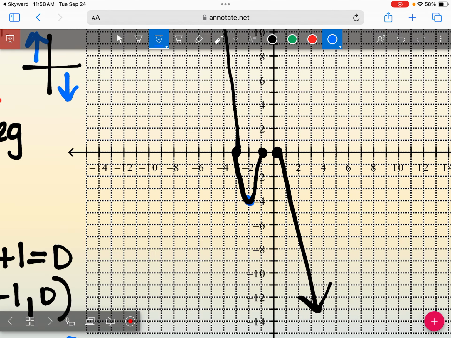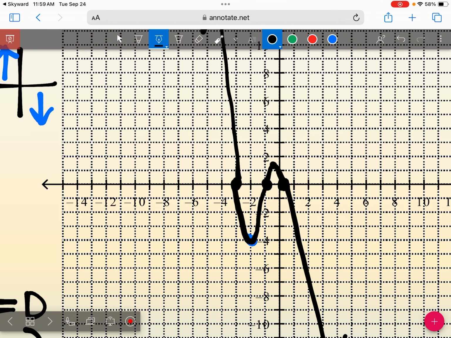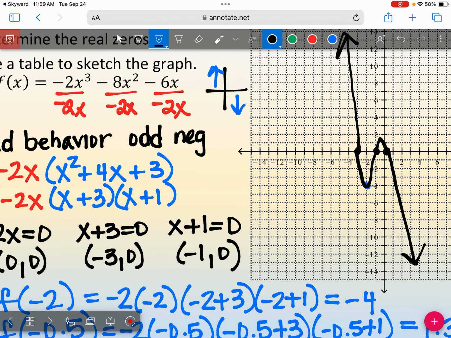Positive, so that means in between here, it's just gonna go up a little bit past the 1. So it's gonna do this. And that looks about right because all of our degrees were odd. And do you notice that at every single x-intercept it went through? So that would be correct.